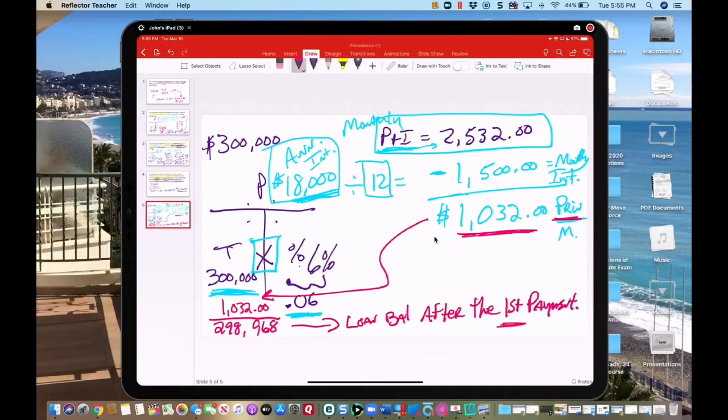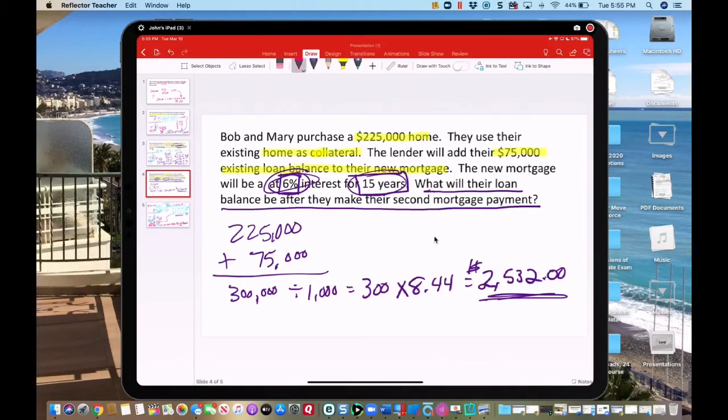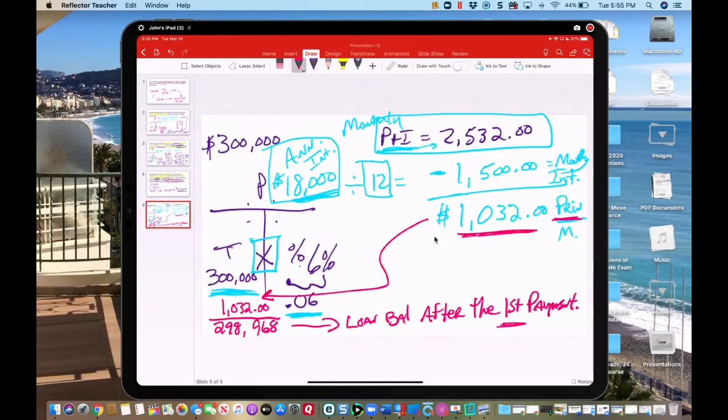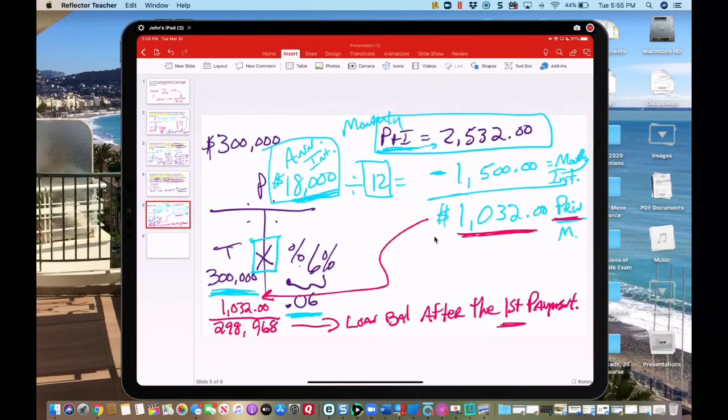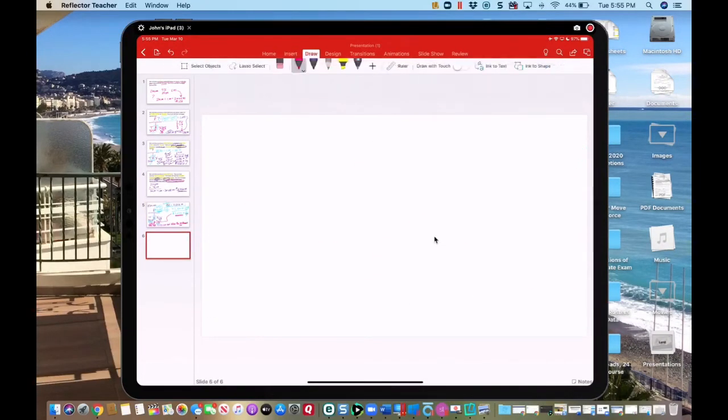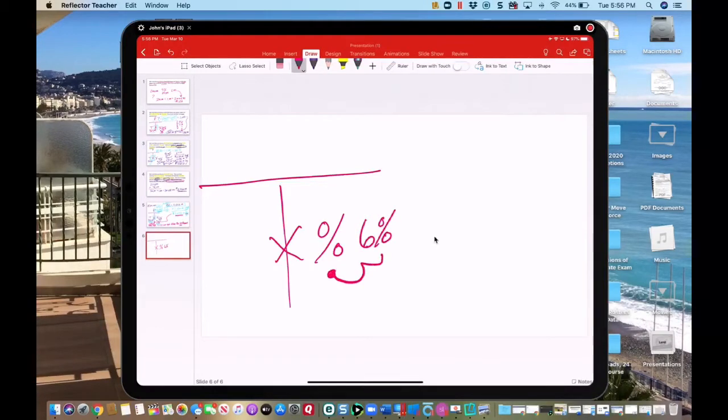The question wanted to know, what will the balance be after they make their second mortgage payment? Well, it's real easy. All we need to do is redo our table, just like we did a minute ago. Do we know the interest rate? Yes, it's 6%. We move the decimal over 2 places and we get 0.06. Do we know the annual interest?